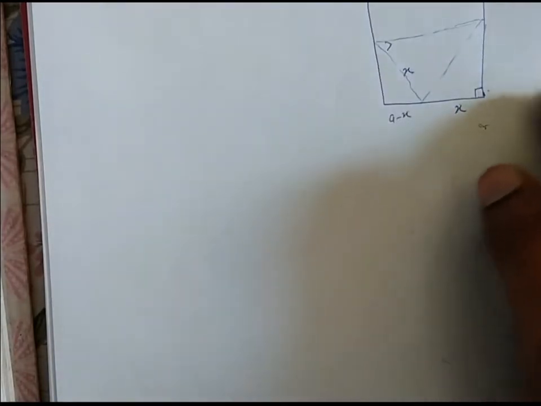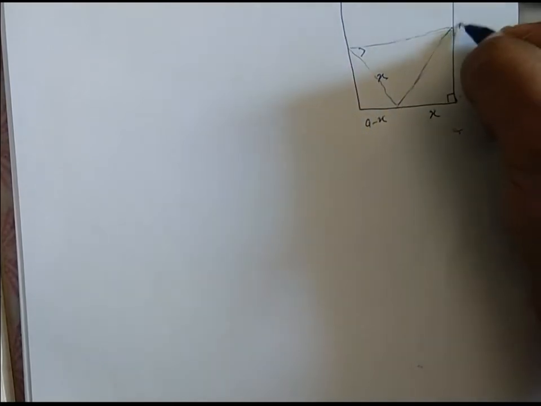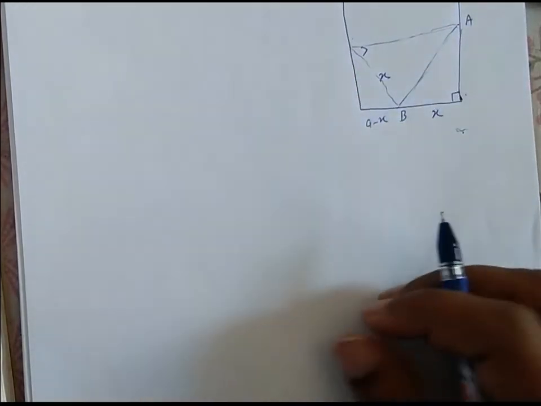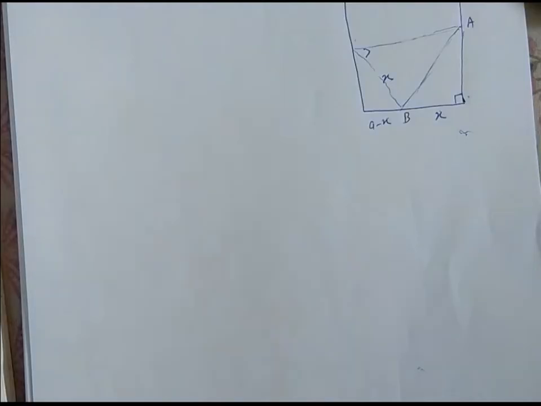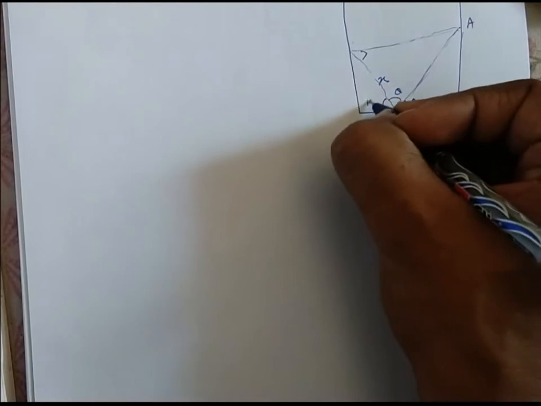Now we need to calculate the length of the crease, this one, in terms of x. Now if this is theta, this will be theta, and this will be 180 minus 2 theta.